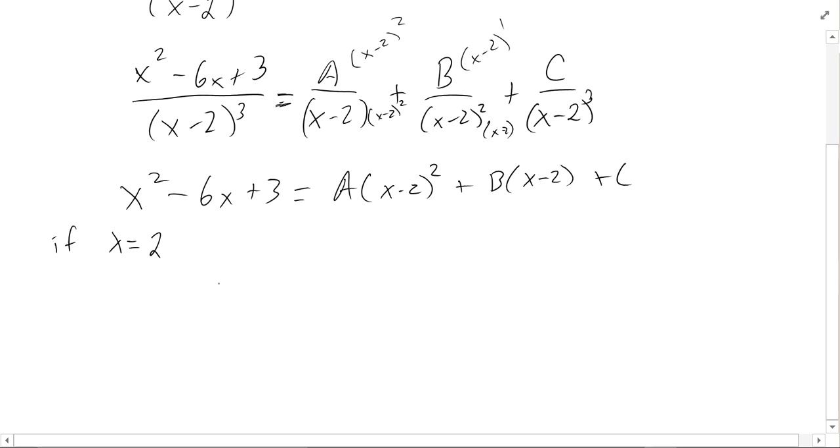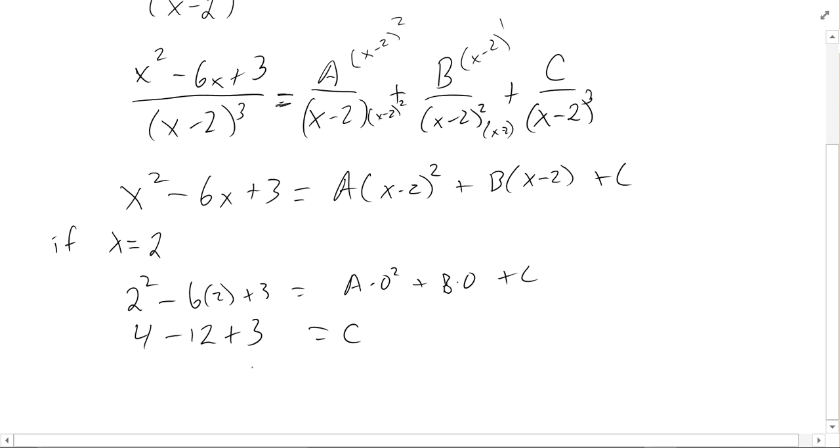If x equals 2, the left side will become 2 times 2 squared minus 6 times 2 plus 3, and the right side will become A times 0 squared plus B times 0 plus C. So I can jump to what that C value should be right away, and it should be 4 minus 12 plus 3, so negative 5. So C should be negative 5. You can just pick a value for x, and usually picking the value that's one of your factors makes it super easy to jump into one of the values right away.